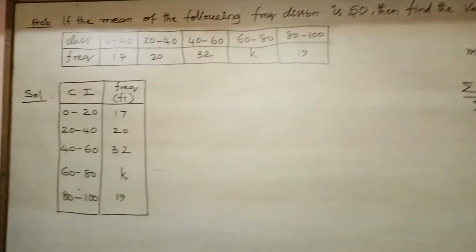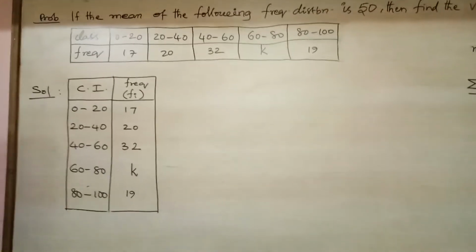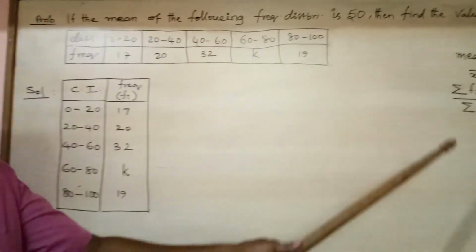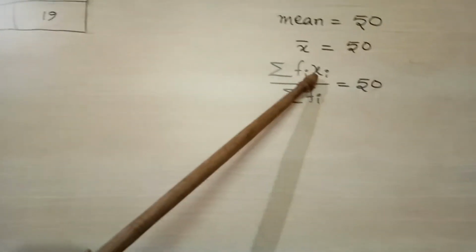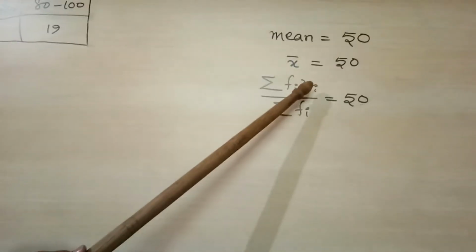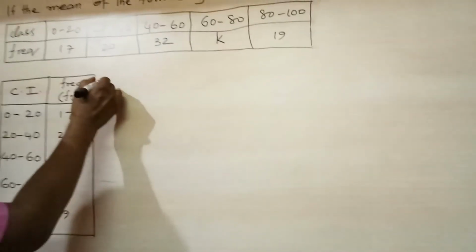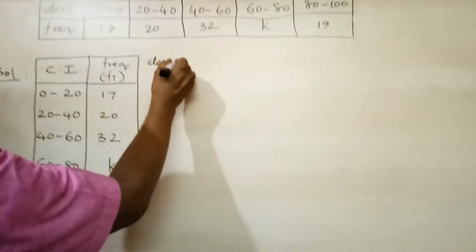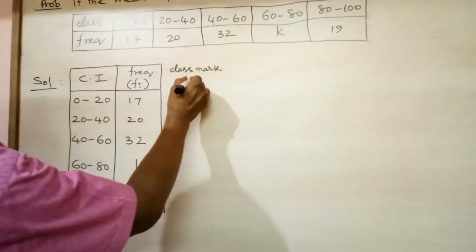These are the given values from the table, but we are required to know xi. Here xi represents the class mark. Class marks are represented by xi.